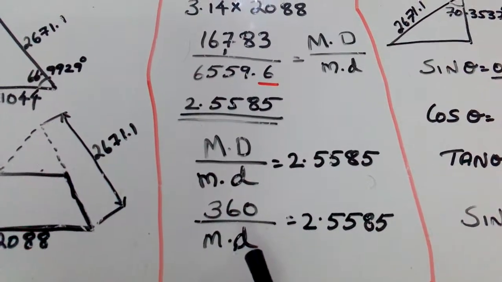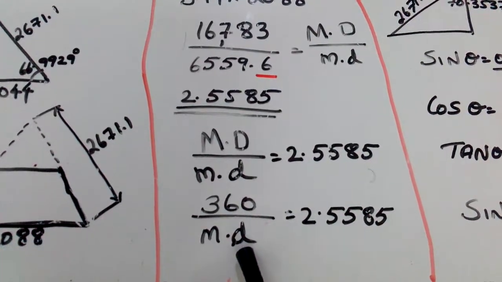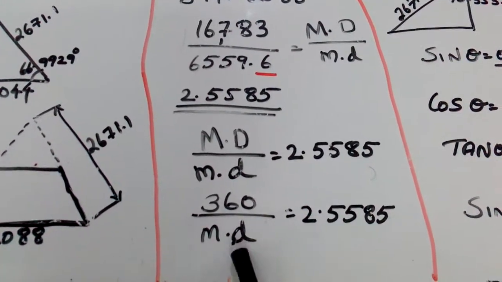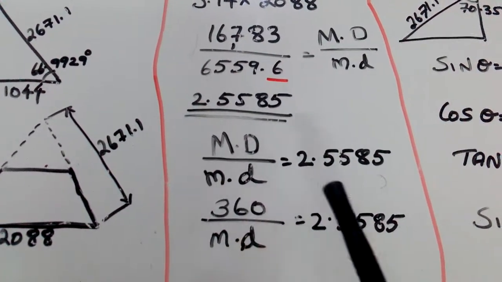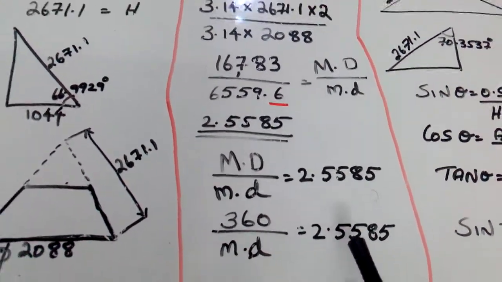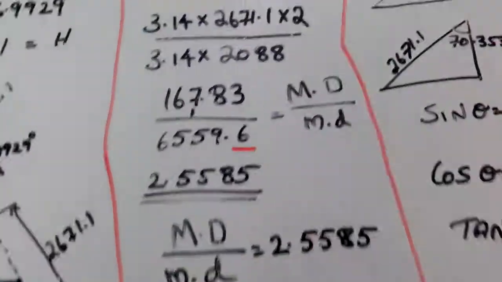For mathematical calculations, if we have to find out minor degree, we have to keep minor degree here, and we have to take 360 to this side. If it is in top side, then it will reach the bottom side.